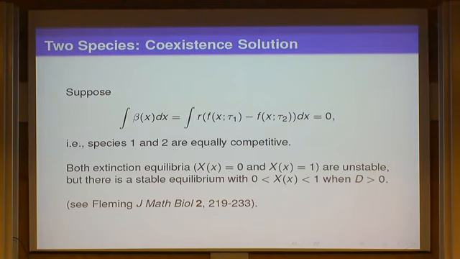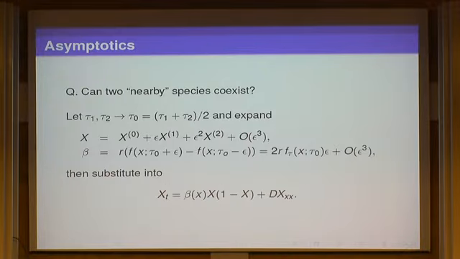So this is 2 species, and we want to know what happens when there's a continuum of them, lots and lots of them. So what we actually want to do is take these 2 species and crash them together, let their preferred environmental conditions become similar, and see what happens to this coexistence. There are 2 possibilities.